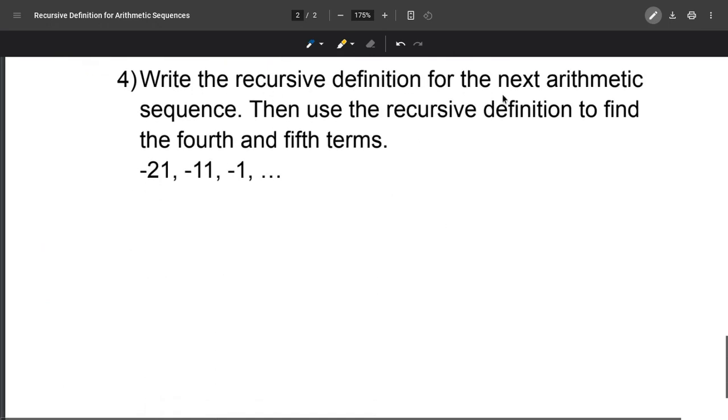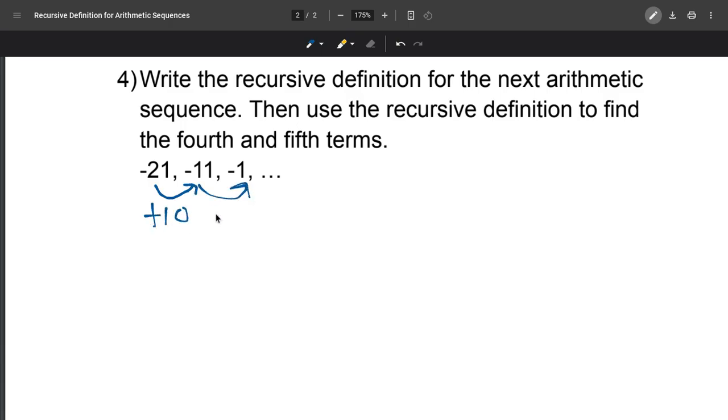All right, write the recursive definition for the next arithmetic sequence, then use the recursive definition to find the fourth and fifth terms. So when you go from negative 21 to negative 11, we add 10. When we go from negative 11 to negative 1, we add 10.